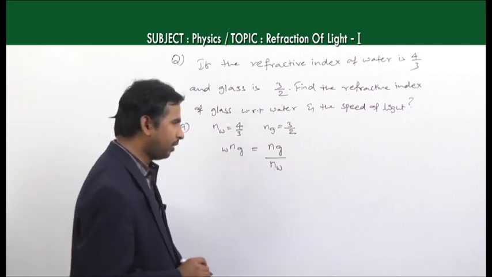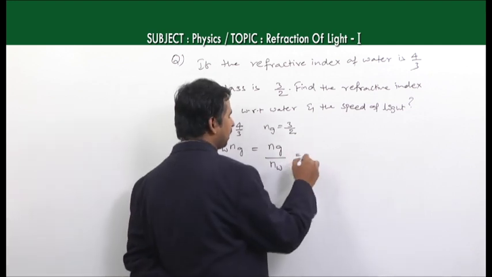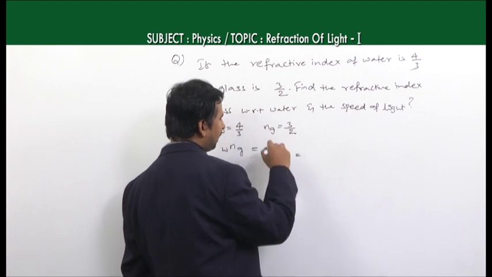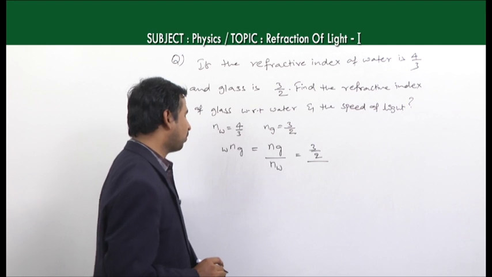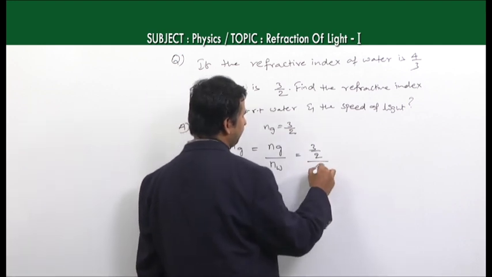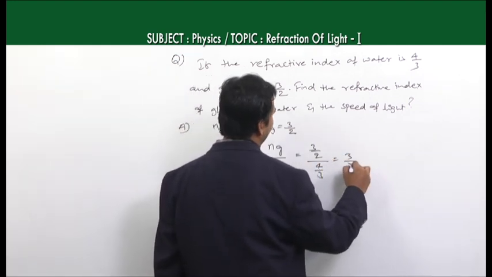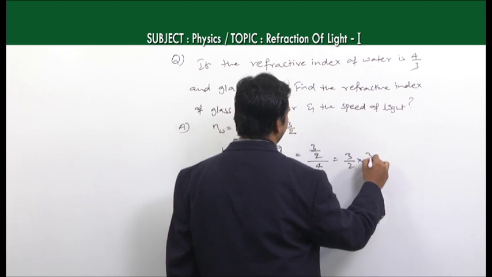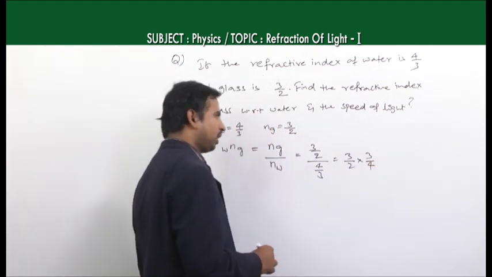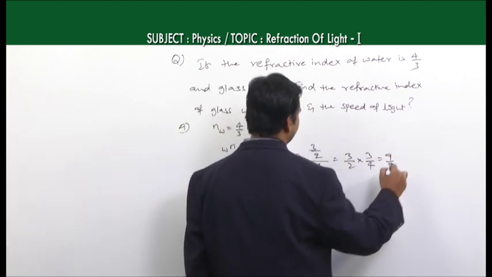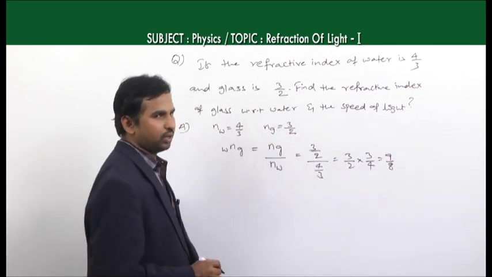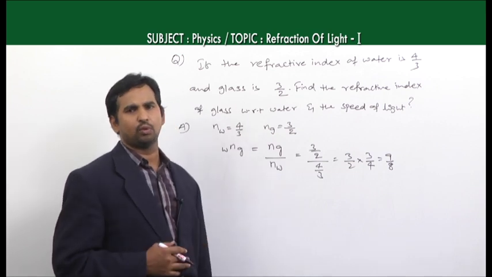Now glass has refractive index 3/2, whereas water has 4/3, so it becomes 3/2 divided by 4/3, in reciprocal you get 3/4, which is equal to 9/8. This is the refractive index of glass compared to the water.